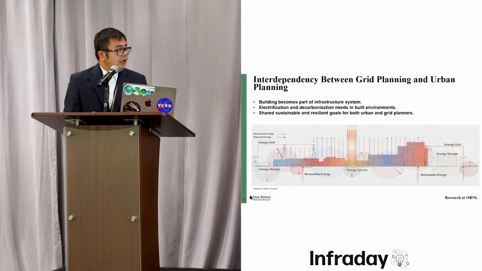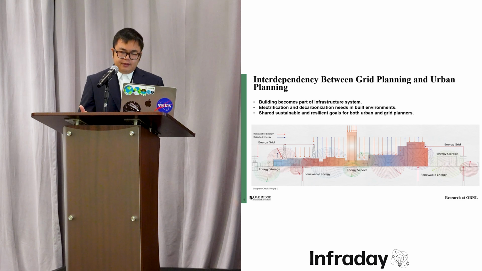So, for example, as buildings become an important part of the infrastructure system, new residential, commercial, or industrial development increases the electricity demand in certain areas. To manage this growth in demand, we need to plan the grid carefully. Grid planners need to work with urban planners, and this is essential to align development with grid capability improvement. So in this case, cooperative planning ensures these sustainability initiatives are both technically and economically feasible.